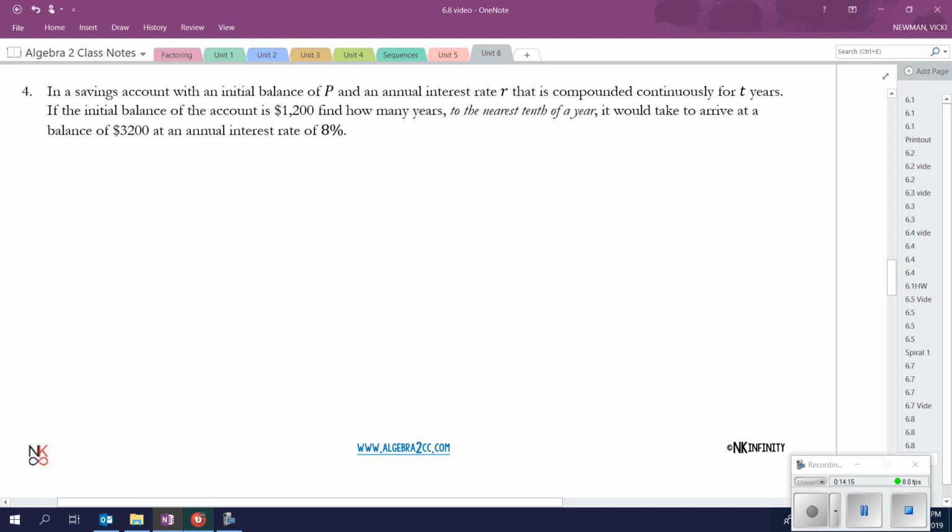Okay, in a savings account with an initial balance of P and an annual interest rate R that is compounded continuously. So as soon as you see those words, continuous dandruff relief is with PERT, P E to the R T. If the initial balance of the account is $1,200, so we have P, we know E is just E, the number, the key.